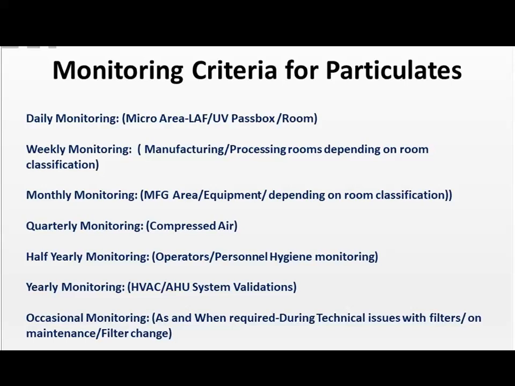We want to be sure that we're monitoring our compressed air and our nitrogens on a quarterly basis, and we do have a way of hooking up a laser particle counter to our compressed air and our nitrogen ports and monitoring the particulates that are generated there.